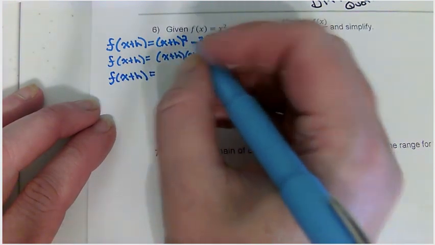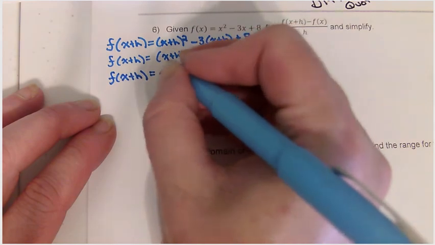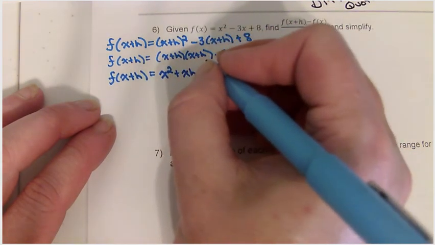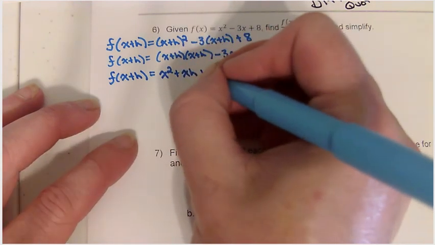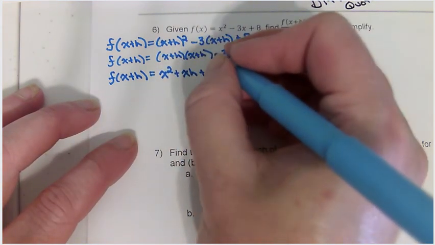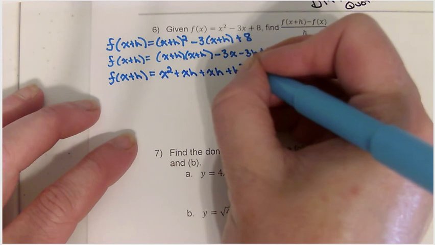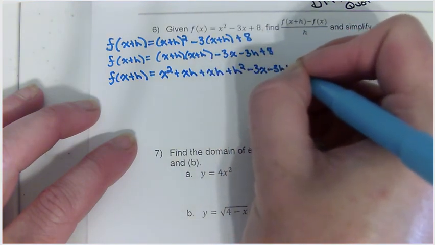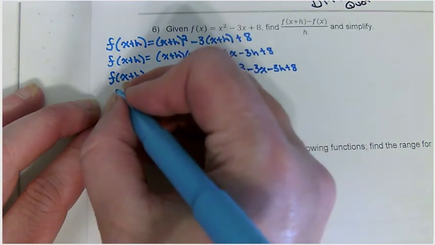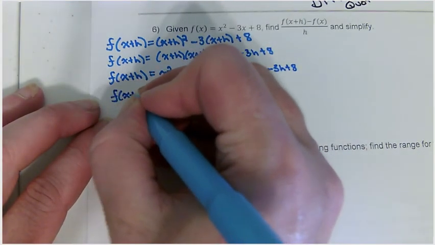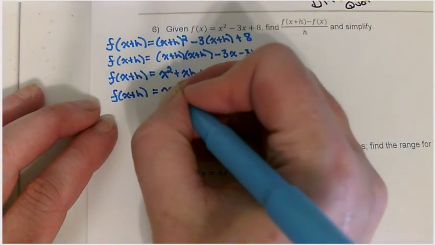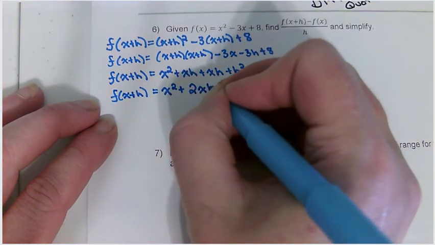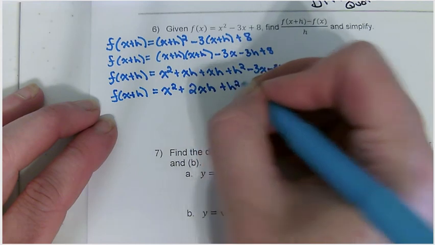FOIL. X times x is x squared. X times h is xh. And then I'll have another h times x. I'm going to write that as xh. And then h times h is h squared. It's long, but it's doable. We have 2 of those, so 2xh plus h squared.